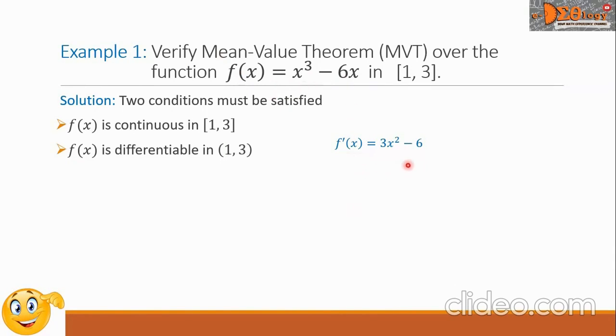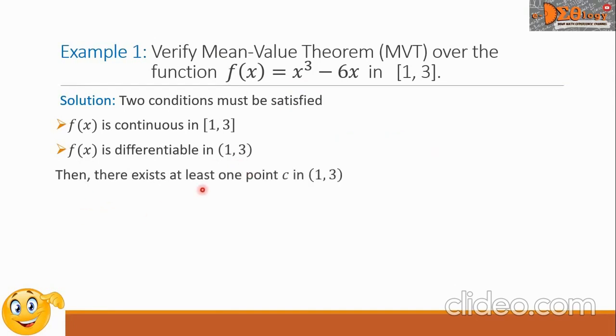Also, the derivative is another polynomial function. And we say that polynomial function is continuous. And this derivative here is defined in the open interval from 1 to 3. So we say that f of x is differentiable in the open interval from 1 to 3.